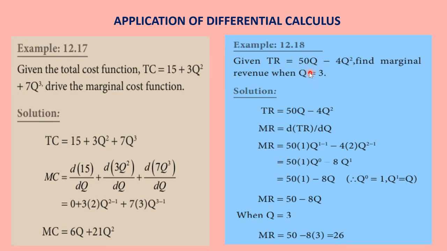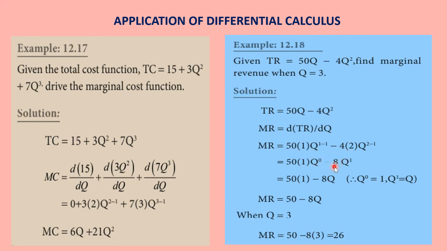So I get 50q. The power here is 1. So bring the 1 to the front. So 1 into 50 will give you 50, q power of 1. If it is simply given q, it means power is 1. So from the given power, subtract 1. The next term, 2 into 4, q square minus 1. So 50 into 1 will give me 50, 1 minus 1 is q power 0.